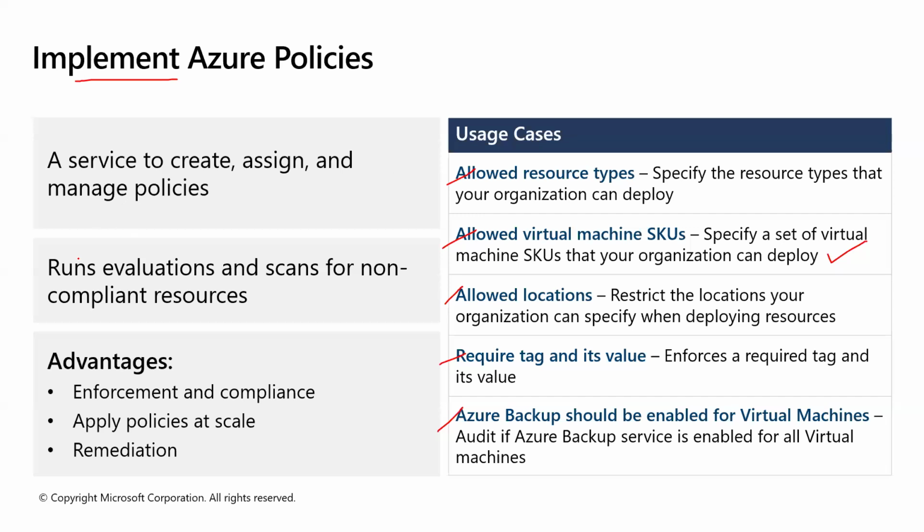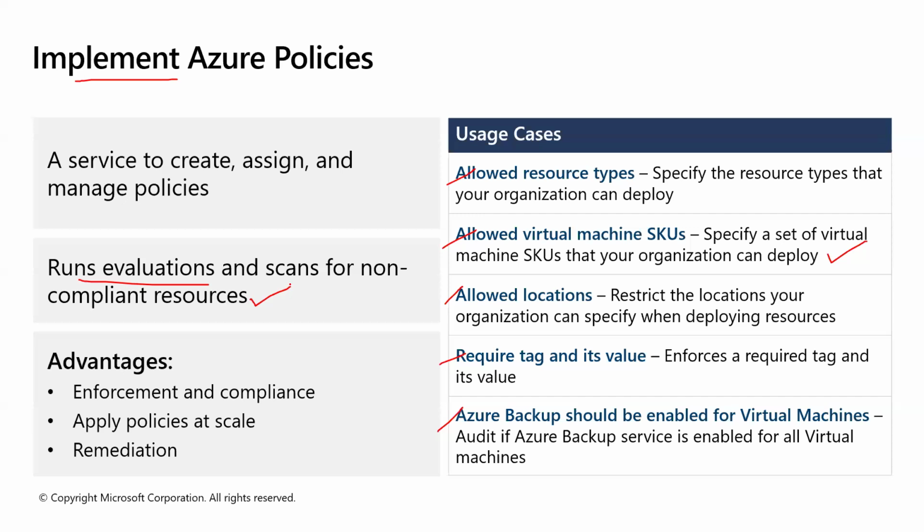It also runs evaluation scans for non-compliant resources. Take an example: I make sure that Azure Backup should be enabled on virtual machines. If you have not enabled backup for that particular machine, you'll get a message as non-compliant, right? So you have to take action.